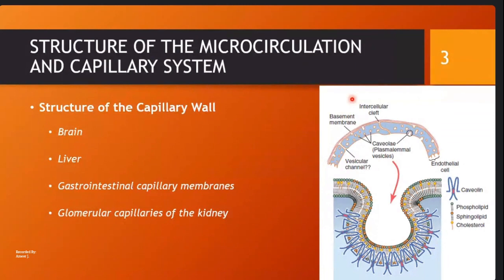In other tissues, such as the liver, the capillaries bed forms very loose connections to each other, and these loose connections generate some fenestrations or openings that allow large molecules to pass the capillaries bed easily.